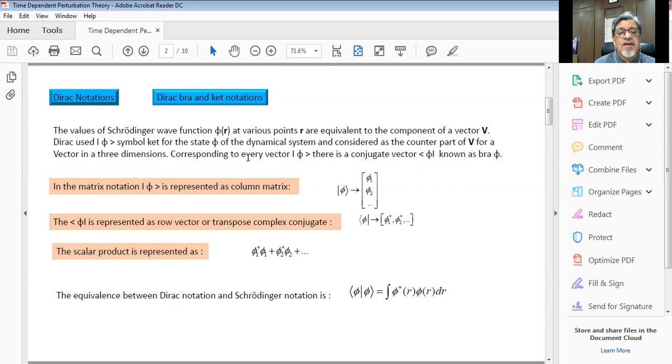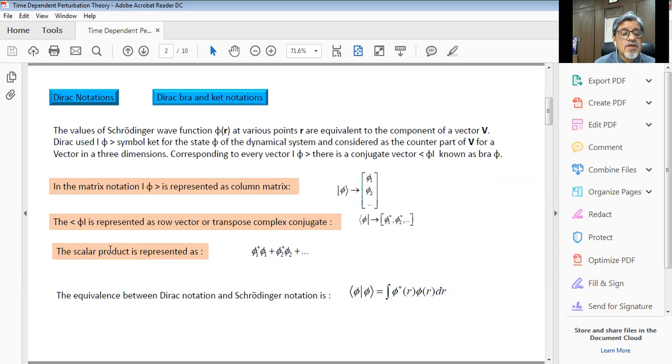Corresponding to every vector ket phi, there is a conjugate vector bra phi, known as a bra or bra phi. In the matrix notation, ket phi is represented as a column matrix, phi 1, phi 2, up to phi n, different components. And bra phi is represented as a row matrix, a transposed complex conjugate, meaning phi 1 star, phi 2 star, a complex conjugate.